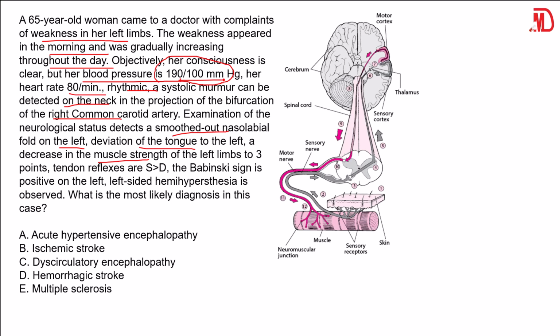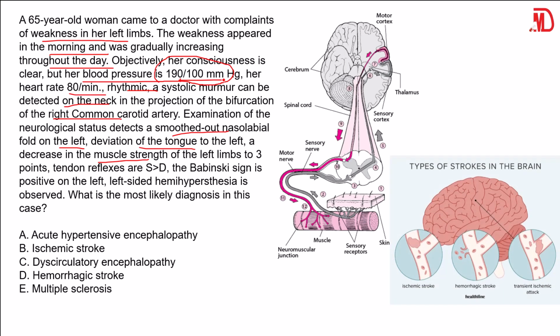So in stroke, there is a sudden or focal neurologic symptom that is found either with ischemic stroke or intracerebral hemorrhage. Ischemic stroke or intracerebral hemorrhage. And that brings me to this particular diagram where we have the different types of stroke.